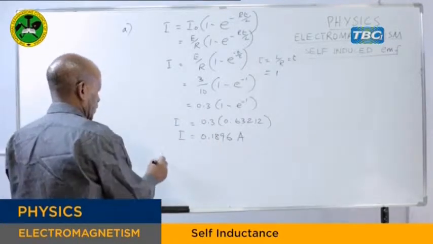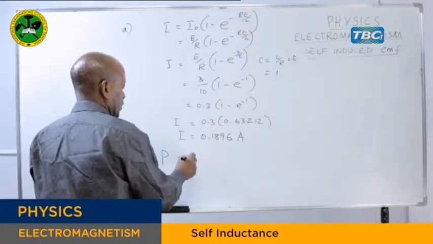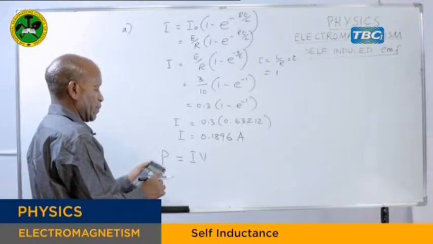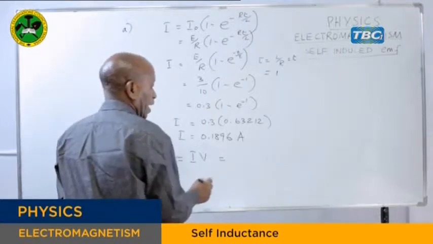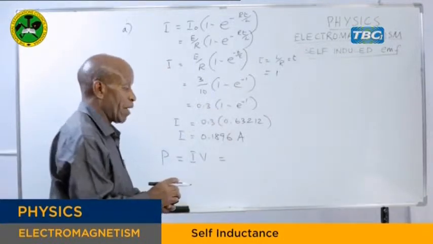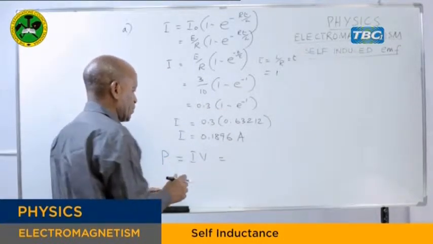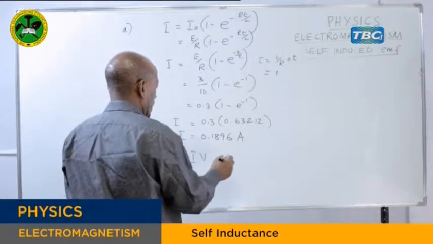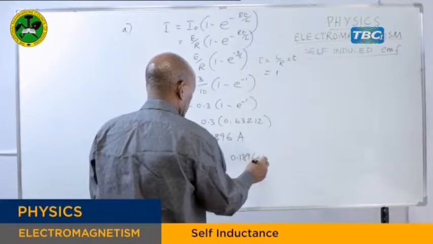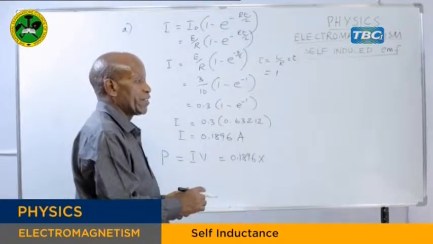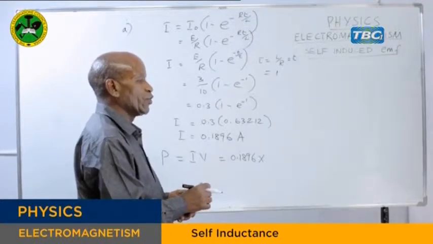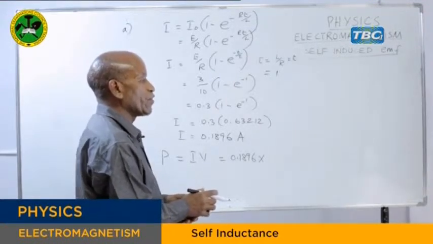Now to determine the power, you need to multiply the current I times the voltage. The rate at which the energy is being delivered by the battery is the power. The current is 0.1896 times the voltage of the battery, which is 3 volts.